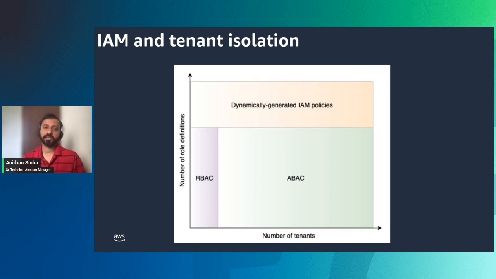Finally, attribute-based access control, ABAC. This method is suitable for a wide range of SaaS applications because it lets you rely on the native constructs of IAM for policy management. You may choose ABAC if your use case doesn't require support for frequently changed or added role definitions.